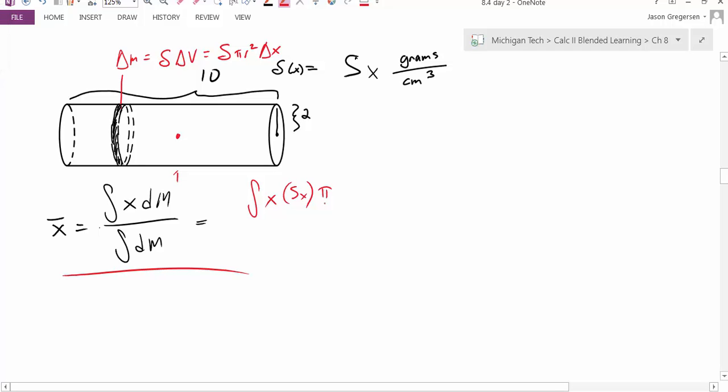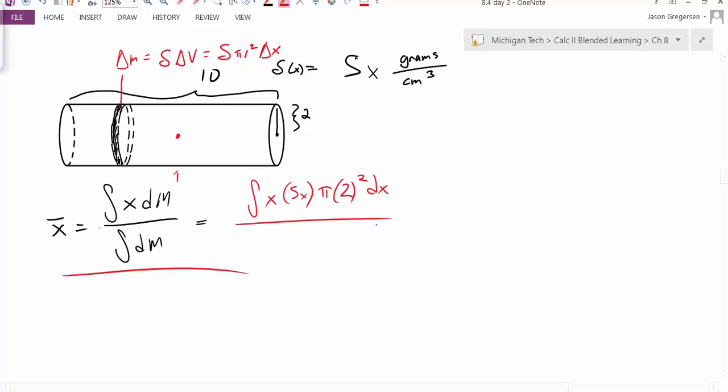No matter where I cut my slice, it's always just going to be that value of 2. So now I have pi r squared, that's 2 squared, dx. And I'm integrating that from where to where? 0 to 10.